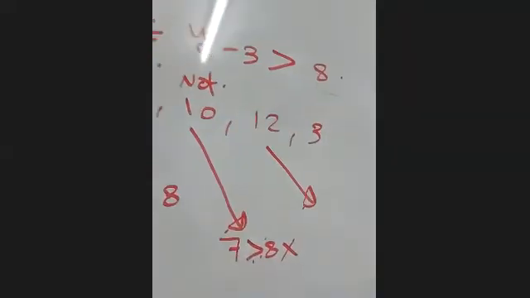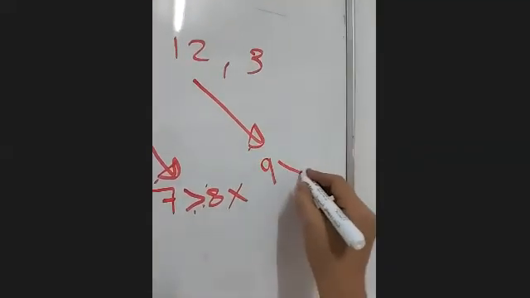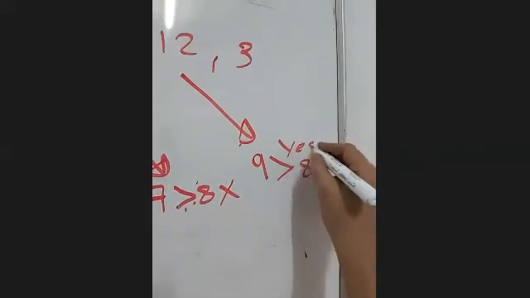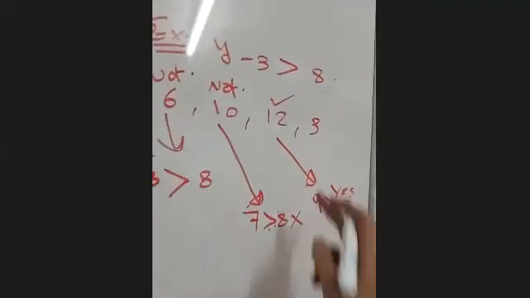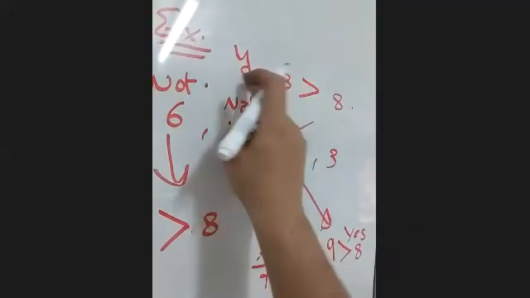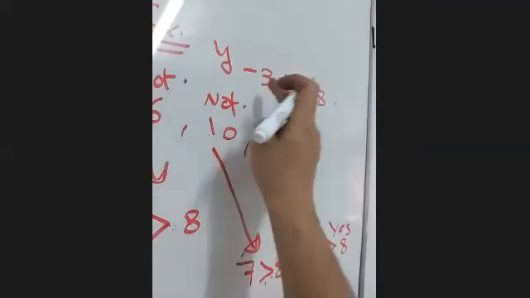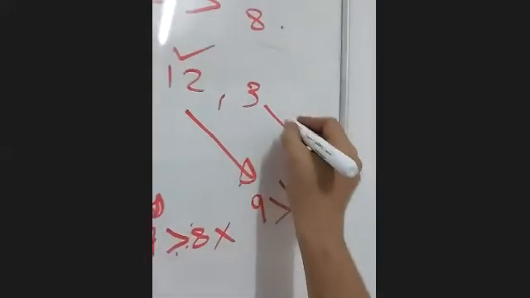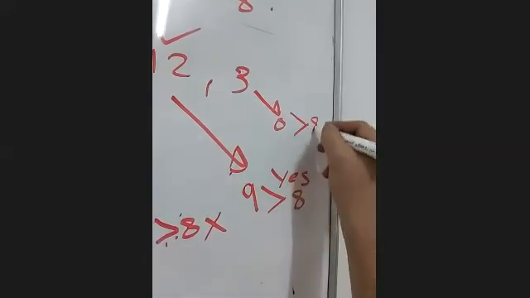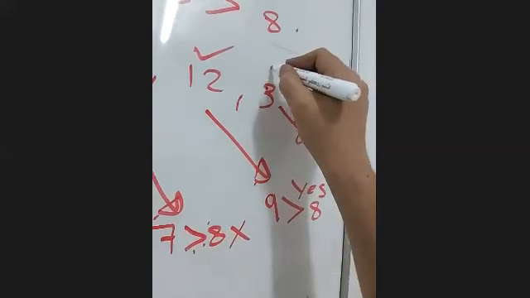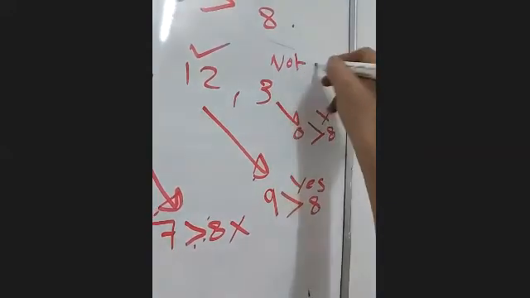How much is 12 minus 3? 9. Is 9 more than 8? Yes. So 12 is a solution. Let's check 3. 3 minus 3 is 0. Is 0 more than 8? No. So 3 is not a solution.